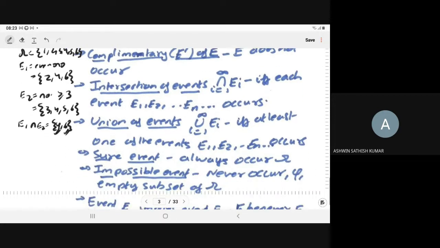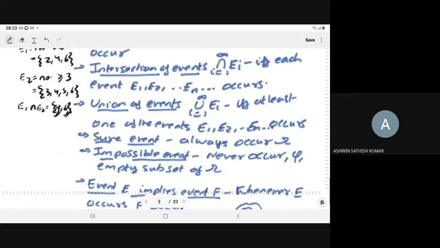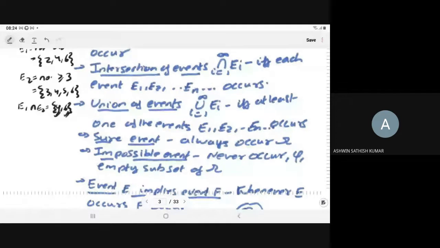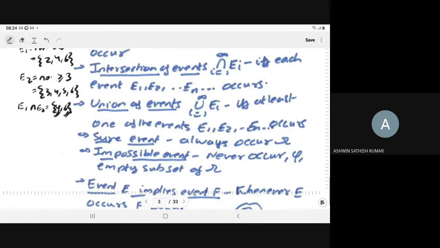Then union of events. Union of events we write as union from 1 to infinity if we have infinite events. If at least one of the events E1, E2, En occurs, then we say the union of E1, E2, En occurs. Thereafter we have two events, the sure event and the impossible event.